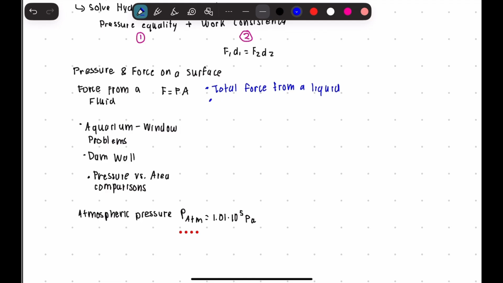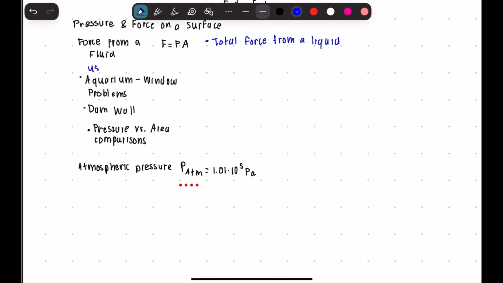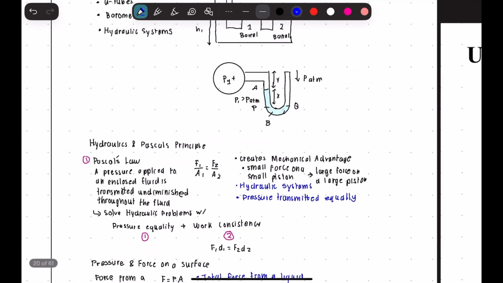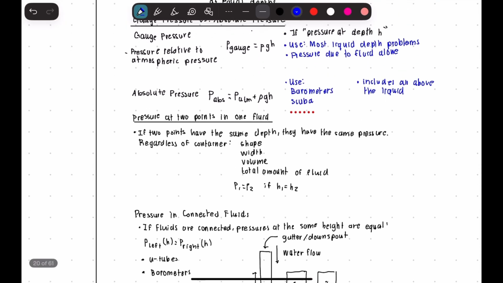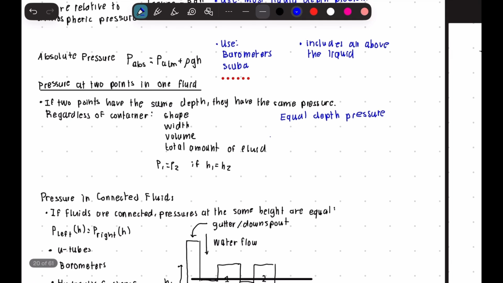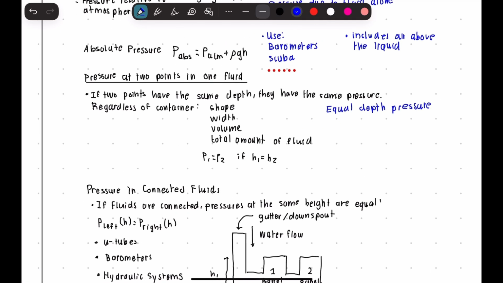And you use this on these three problems. And then, did we say anything about equal depth pressure? You use this for the U-tube and also for connected fluids.